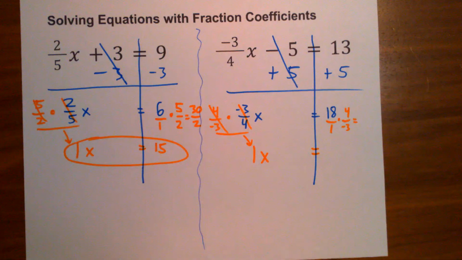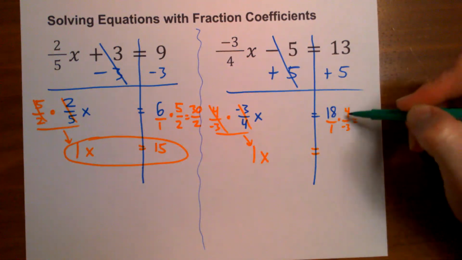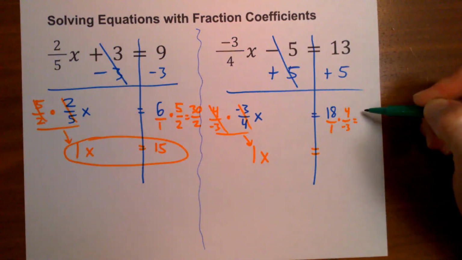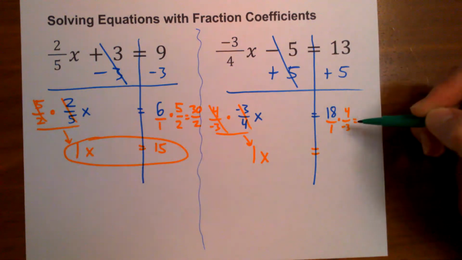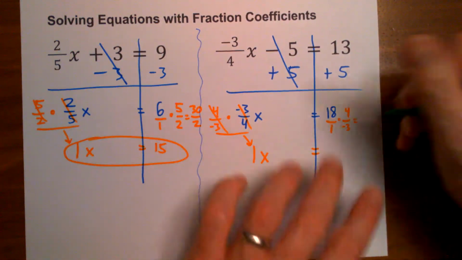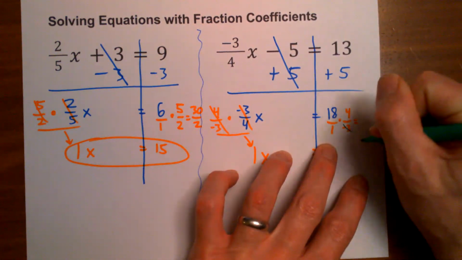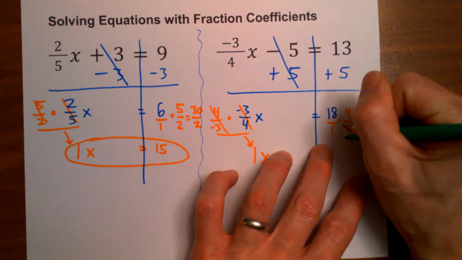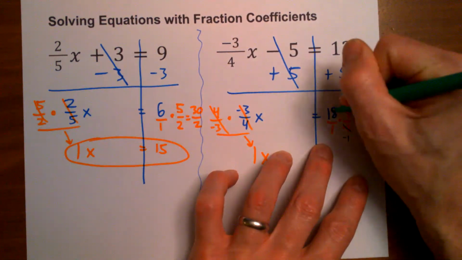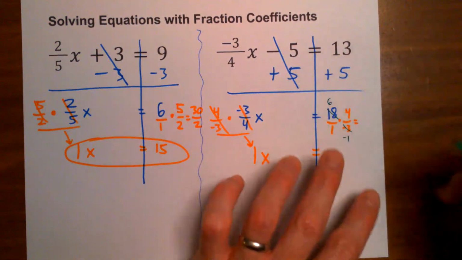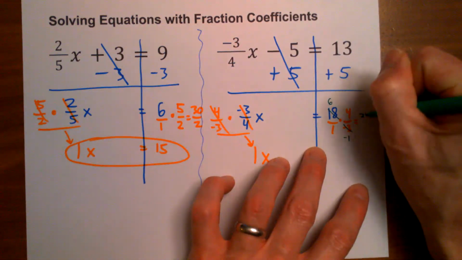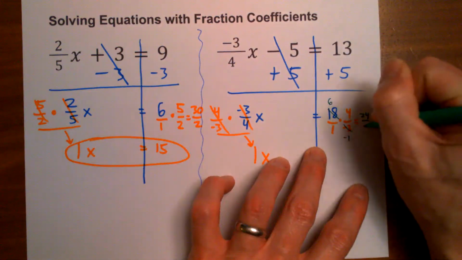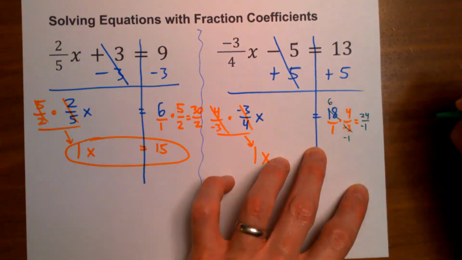And here's a little pro tip for you. Instead of having to do 18 times 4, which gives you a pretty big number, then dividing that by 3, let's divide by 3 right away. Let's do 18 divided by 3. So negative 3 divided by 3 is just negative 1, and 18 divided by 3 is 6. And now 6 times 4 is 24, and 1 times negative 1 is negative 1.